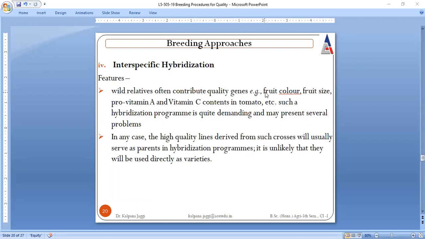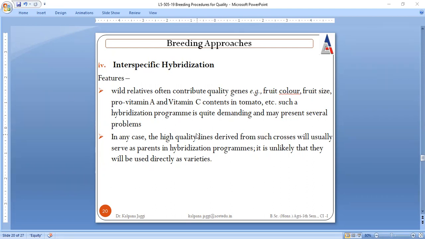Quality genes means fruit color, fruit size, provitamin, and so on. Because wild relatives often contribute quality genes, this is the reason the hybridization program is quite demanding. But along with the demand, it presents several problems also.